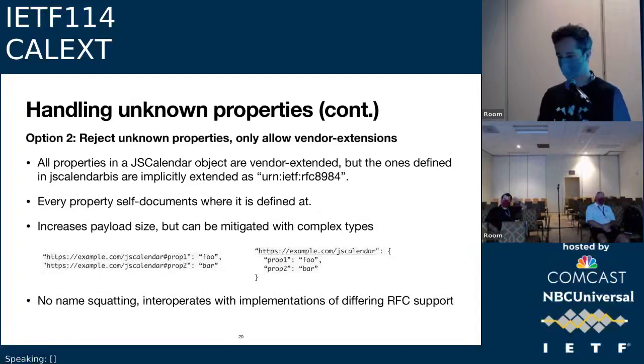Done. The issue here is what would we expect implementations to do if they don't know about this property, but it's actually a legit property? Should they reject it or not? They don't know any better. No, they should do exactly as they would if it had a URN RFC number on the front. Yeah, ignore it. Just a string they don't know.